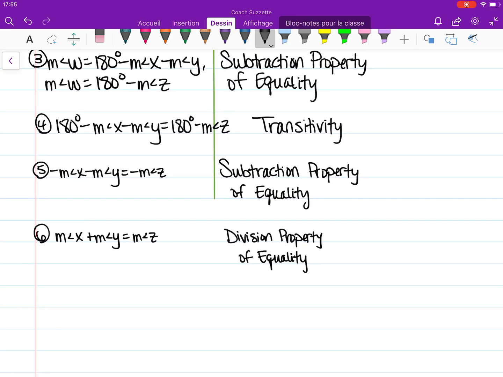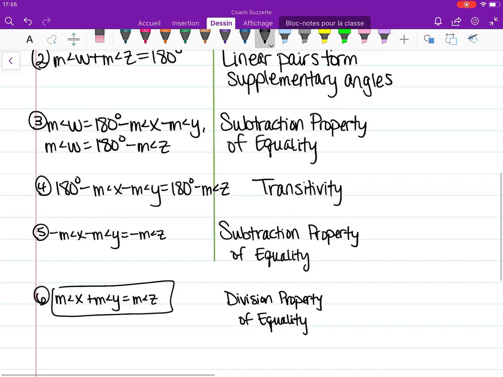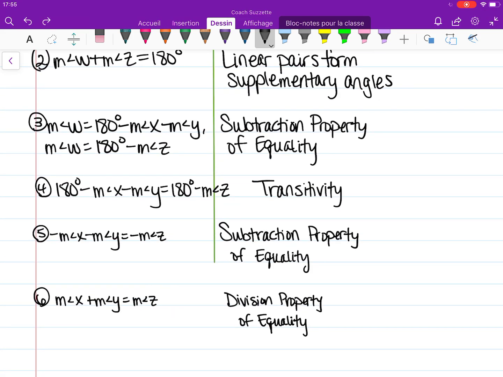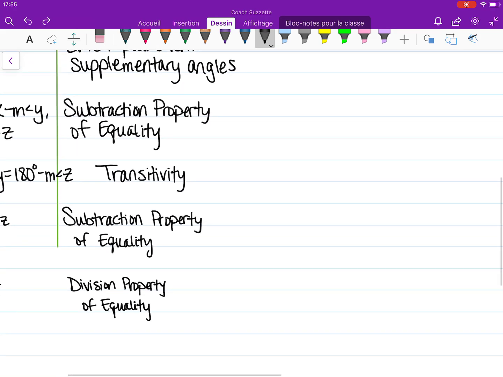And we are saying the measure of these angles, that the sum of these two angles is equal to this angle, which is what we were supposed to show. So we're done.